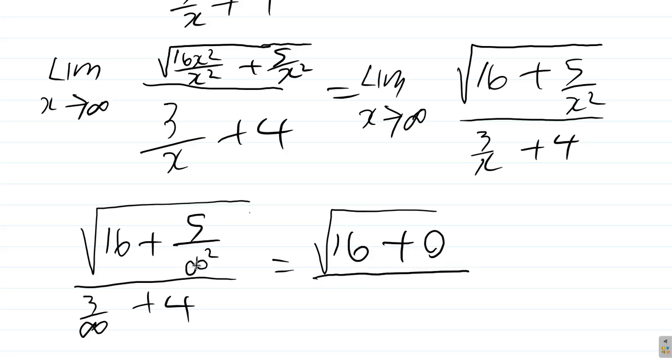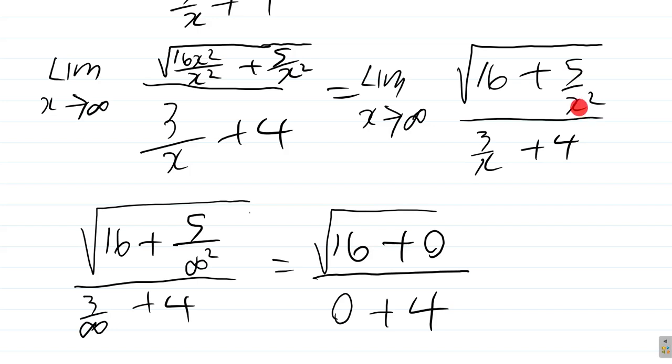So, this is going to approach 0. And 3 divided by what approaches an infinitely large number is going to be 0, plus 4. So as you see, this part is 0 and this part is 0.